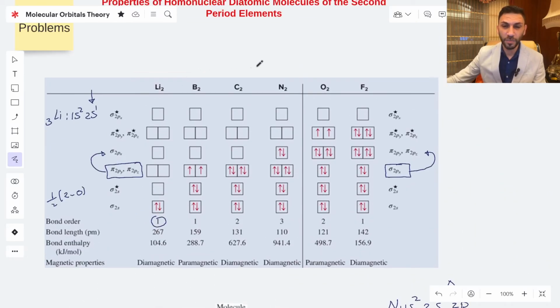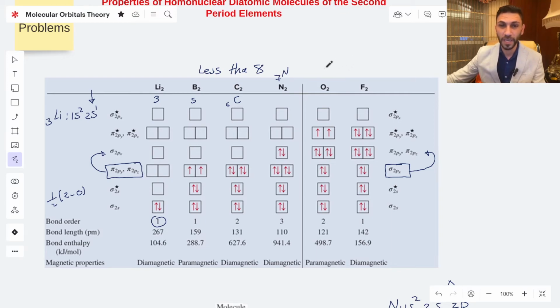We use this molecular orbital diagram when the atomic number of the atom is less than 8. So for the nitrogen, we have 7. For the carbon, we have 6. For the boron, we have 5. For the lithium, we have 3. So less than 8, after sigma 2s and sigma star 2s, we're going to write pi 2px, pi 2py, and pi 2pz.